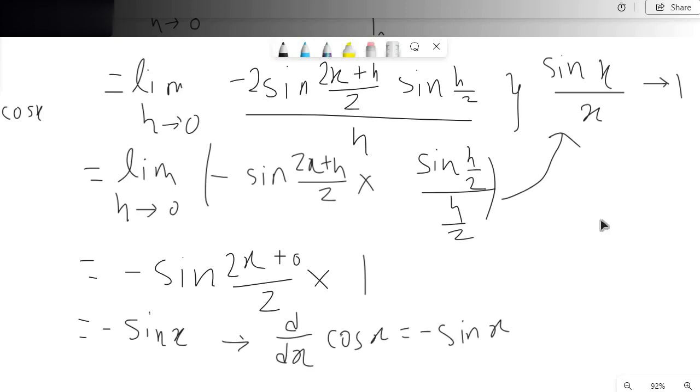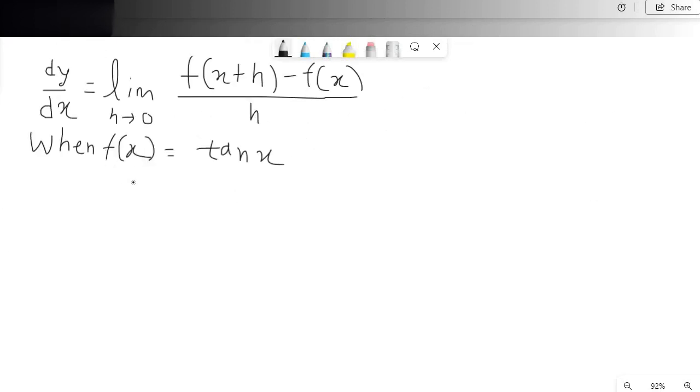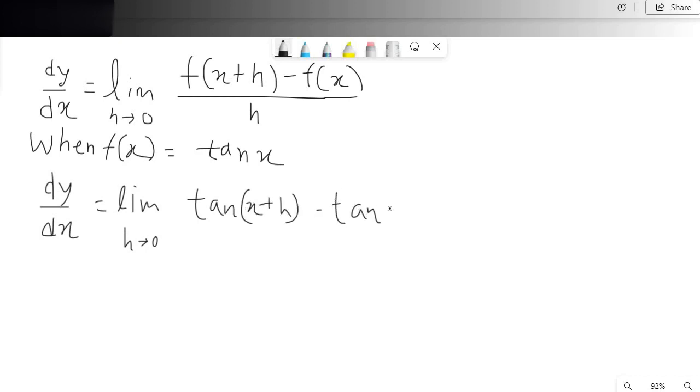And finally, let's move on to the differentiation of tan x. So when f(x) is equal to tan x, we have dy/dx is equal to the limit as h tends to 0 of tan(x + h) subtracted with tan x, and whole divided by h.